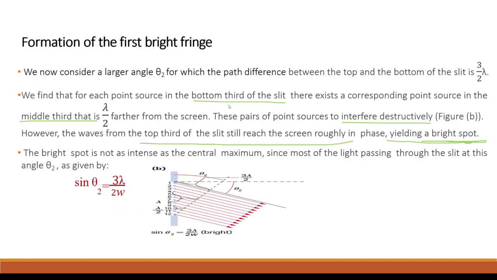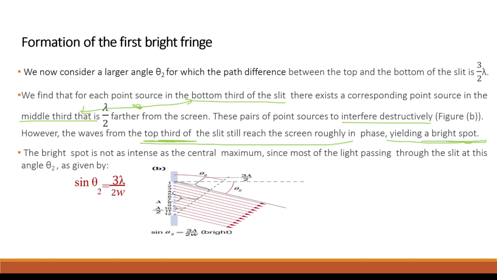We have a point source from the bottom third corresponding with the middle third, and they destructively interfere. But then the last third, from the top, combines with the result of these two thirds, and when they're added up, there's enough of a crest or trough to overcome the opposite, smaller magnitude coming from this combination, and we get this bright spot.